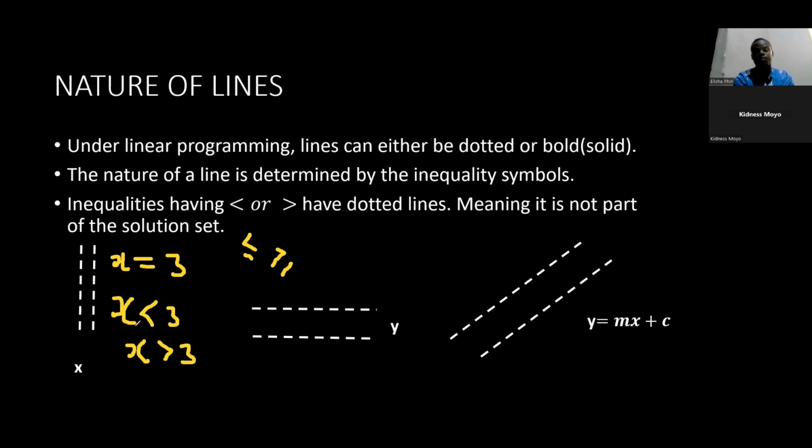Less than or greater than. And what they insinuate is that 3 is not part and parcel of the solution set. So we'll get to look at this. Let me show you something here. We may be talking of something from the abstract point of view.